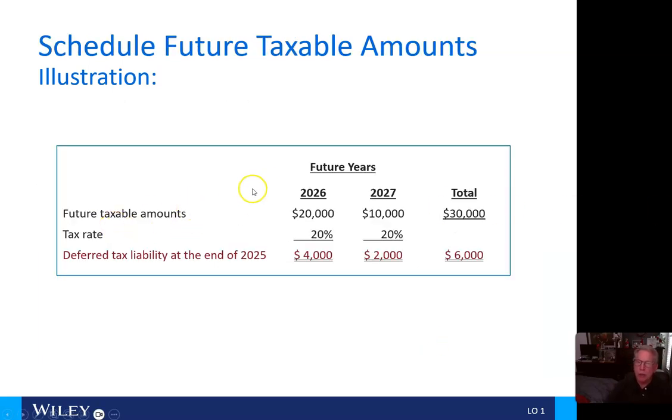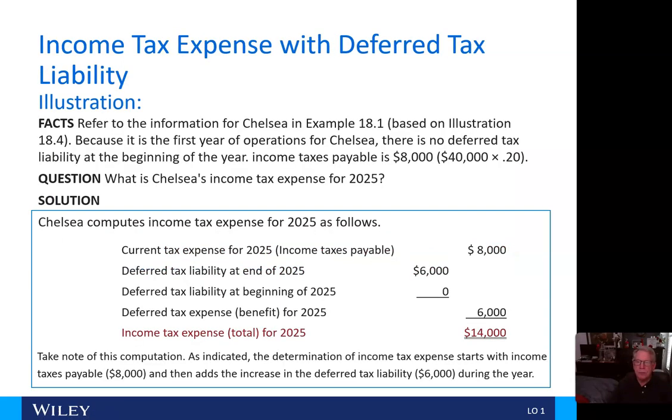And so as we look at 2026 and 2027, future years here, the tax rate multiplied by those future years comes out to $4,000 in 2026 and $2,000 in 2027, offsetting that $6,000 of 2025.